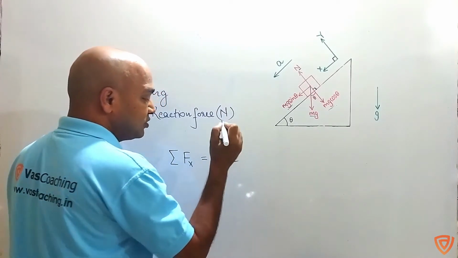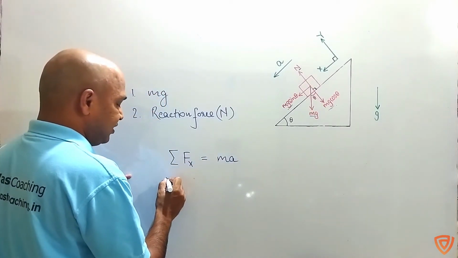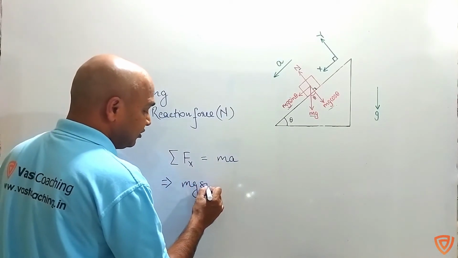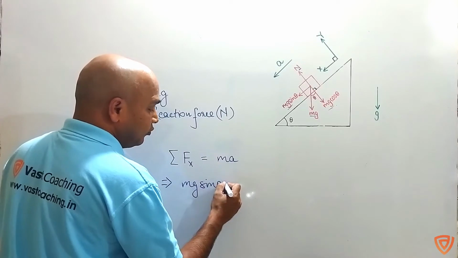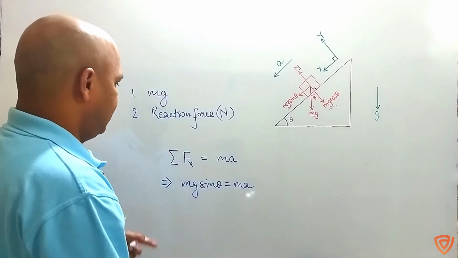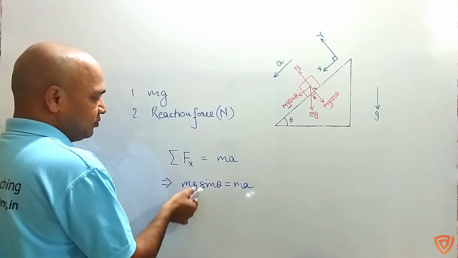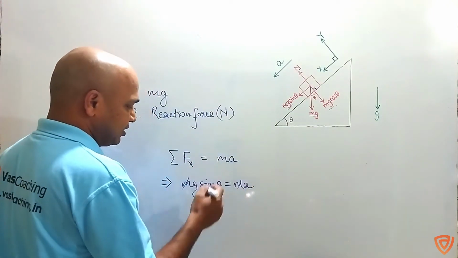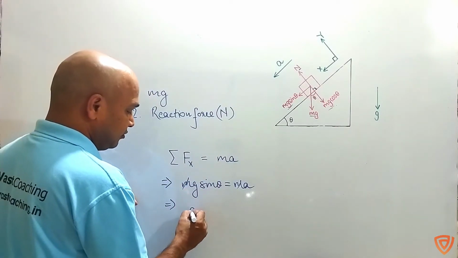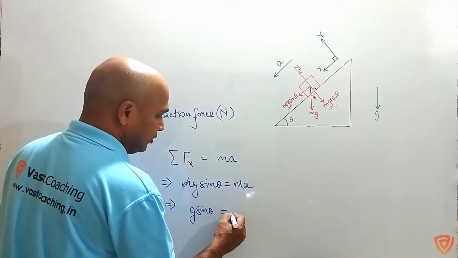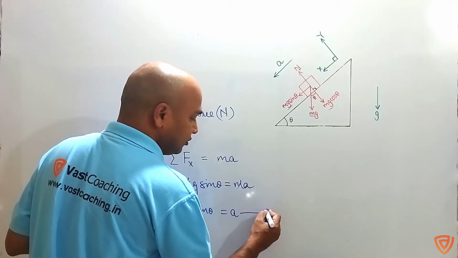That's Newton's law, so I can say mg sin theta equals m into a. So mg sin theta comes from the summation of Fx. The m cancels out, so we get g sin theta is equal to a. So that's your first equation.